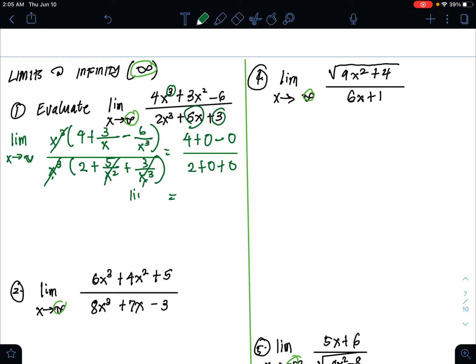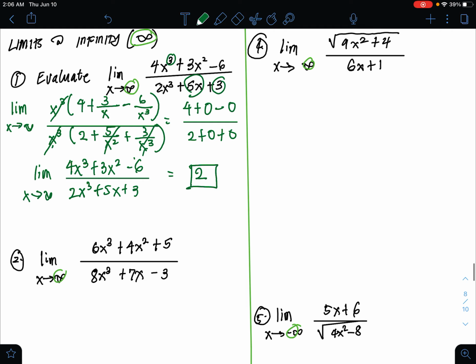So the limit of the function, sorry, I'll rewrite this so it's clear. The limit of the function as x approaches infinity is equivalent to 4 over 2, or the final answer is 2.